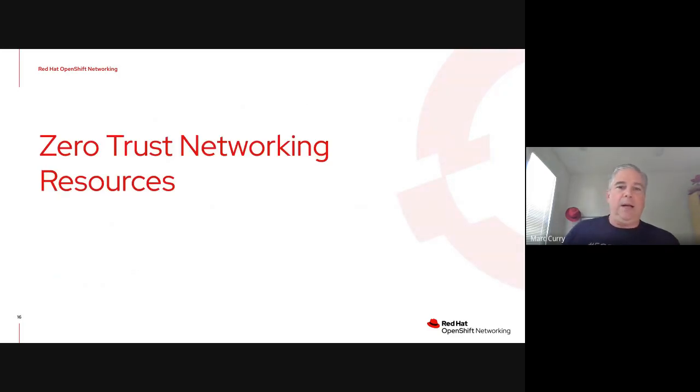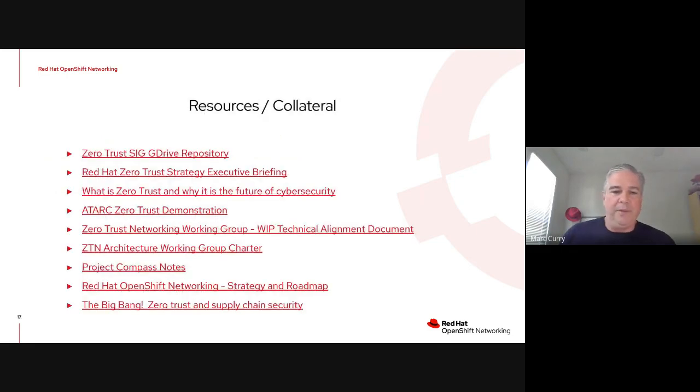And so that brings me basically to the end. But if you want to find out more about this and get a lot more information about what other things Red Hat is doing around zero trust networking, or even what's the bigger picture of zero trust, especially with regard to Kubernetes, then I provided several links here that you can follow up on to dive deeper into the topic.